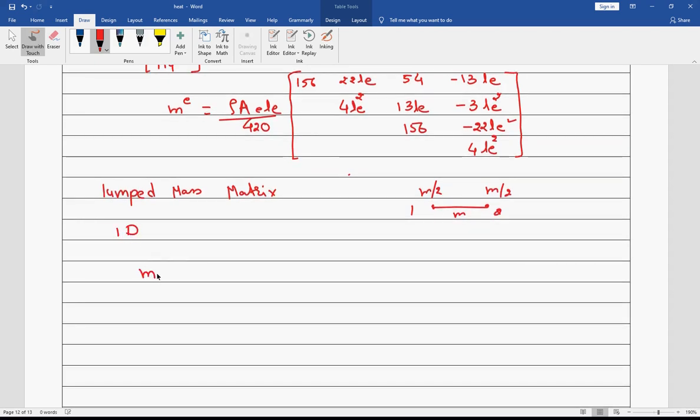So for 1D, my elemental mass matrix is rho A LE, the total mass, divided by 2, times 1 0 0 1. So this is my lump mass matrix for solving the eigenvalue and eigenvector problem.